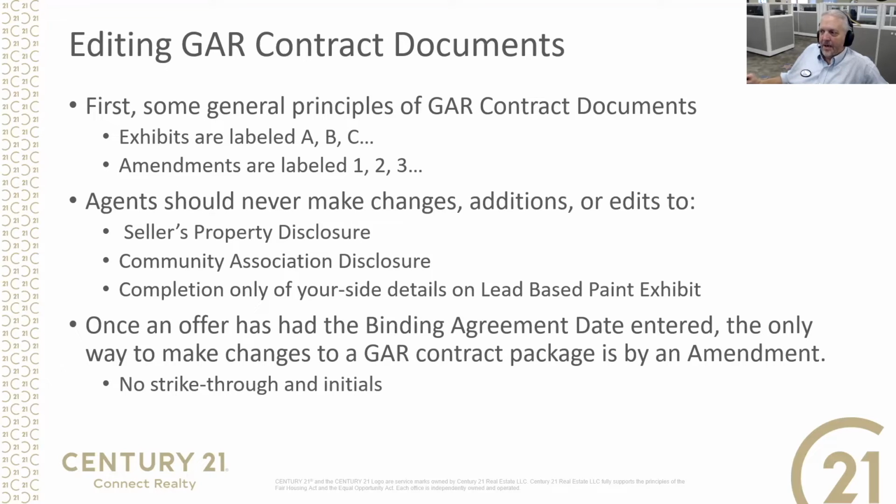If it's got that date on it, then it is no longer eligible for a strikethrough and initials to make any type of editing changes on that document. At that point, what is your only option left for editing that document if you cannot do a strikethrough and initials? Add an amendment. There you go. Add that amendment.